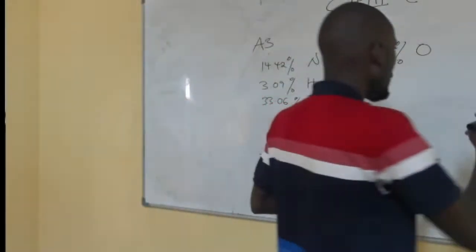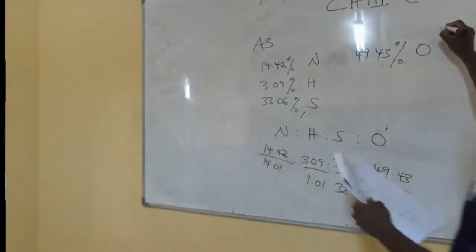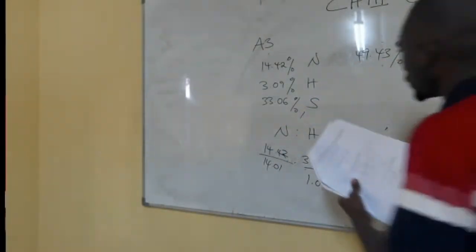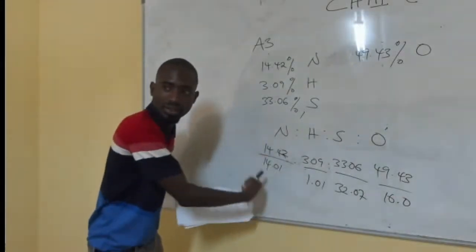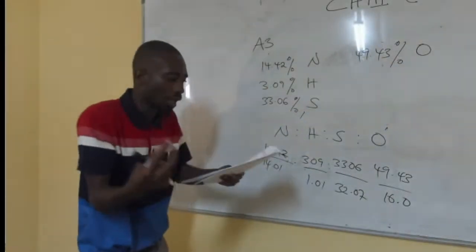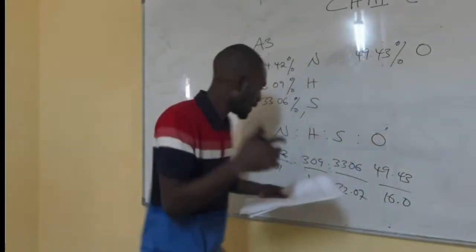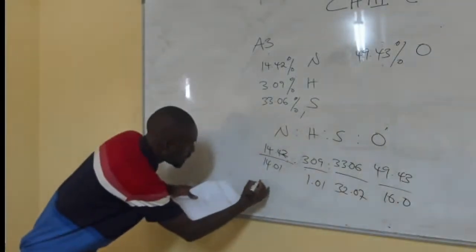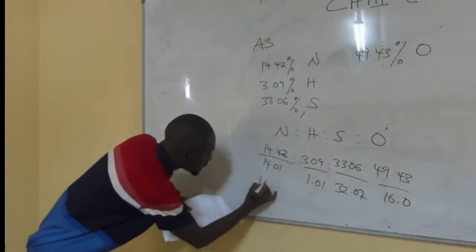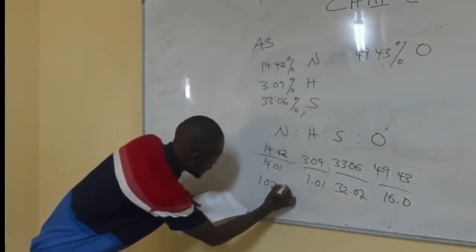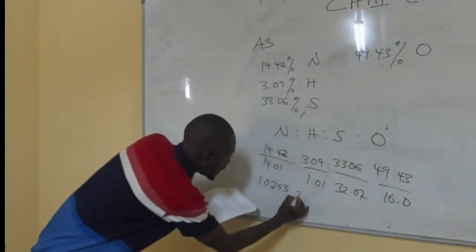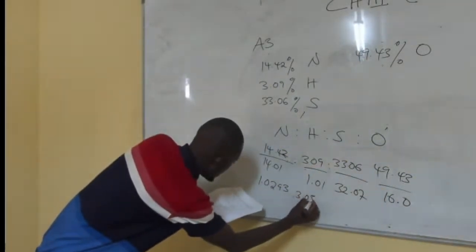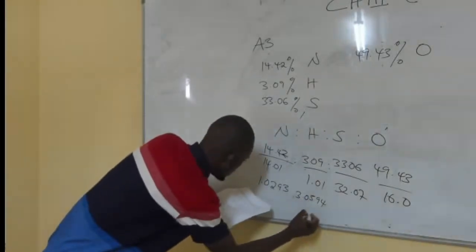Okay? Upon this stage, I'll put them like that. You have reached this stage, you are now dividing. So how much is this one going to give us? It is going to give us 1.0293. Then you have 3.0594.